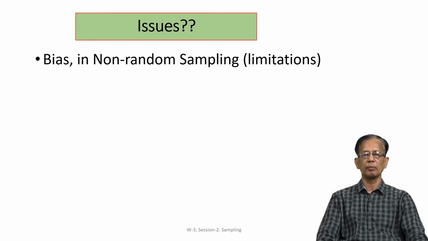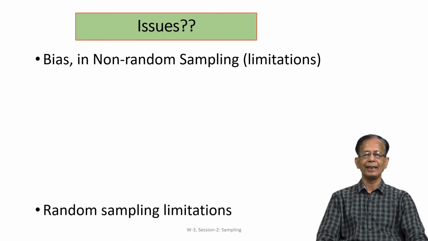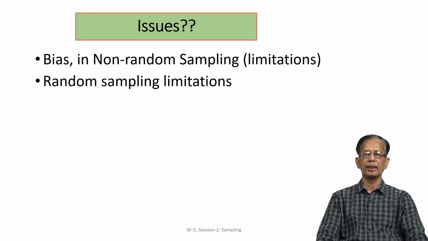That is a limitation of non-random sampling. Again, in random sampling there could also be limitations. Say for example, by accident you got the example of that gold consumption exhibit that I had shown, and that is not a true representative.